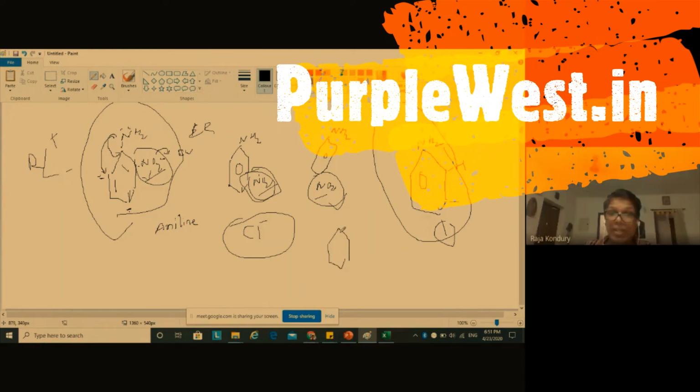Right? So imagine that this electron from the amine is moving from here to here to here. But here you have NO2. This lone pair of electrons from the amine is not reaching here, so that this nitrogen could be happy with the nitro.